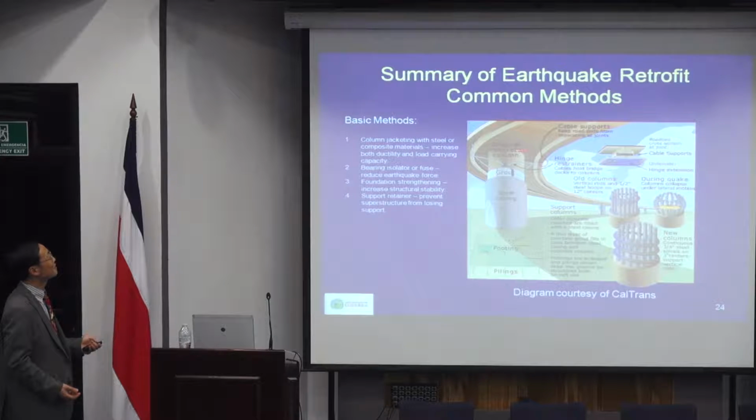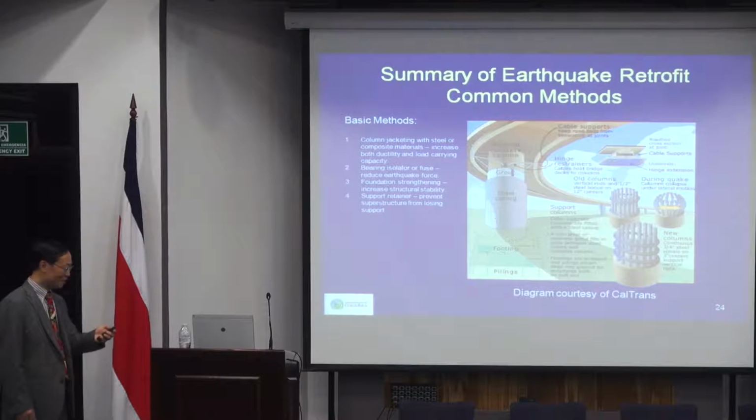It basically summarizes all the things they were doing: providing cable restraints, enlarging footings, and providing steel casing to enhance the shear capacities. And for the future, they will provide more spirals to prevent those kinds of failures. So basically, if you look at these pictures, you will know everything: earthquake retrofit is required.